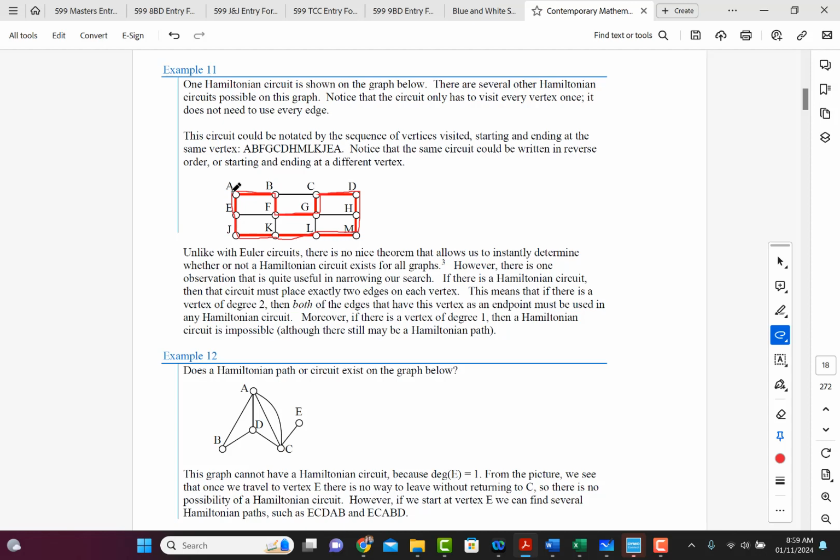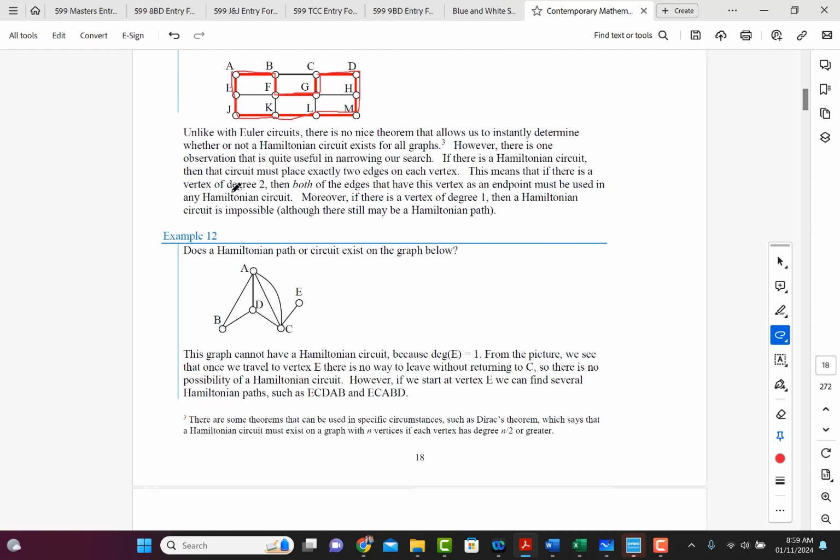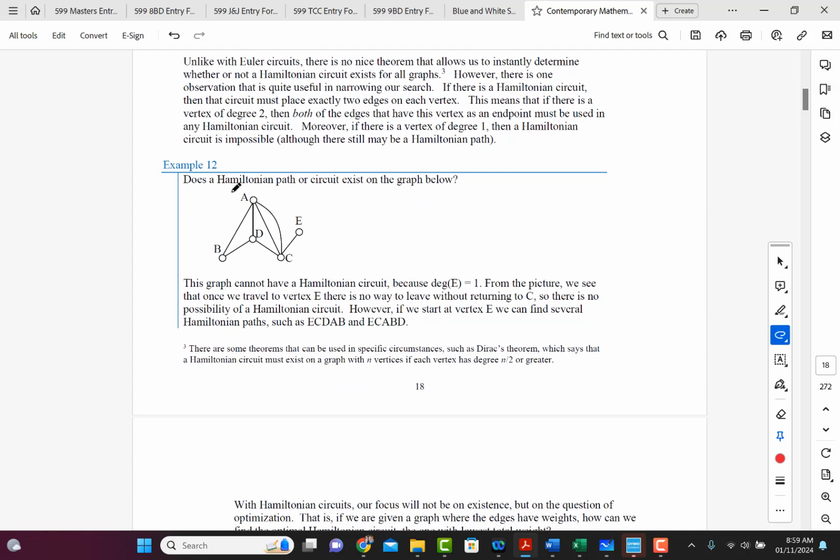So, let's look at example 12 so we can see what's going on here. It says, does a Hamiltonian circuit exist on the graph below? If we look at the vertices, each must have exactly two edges.